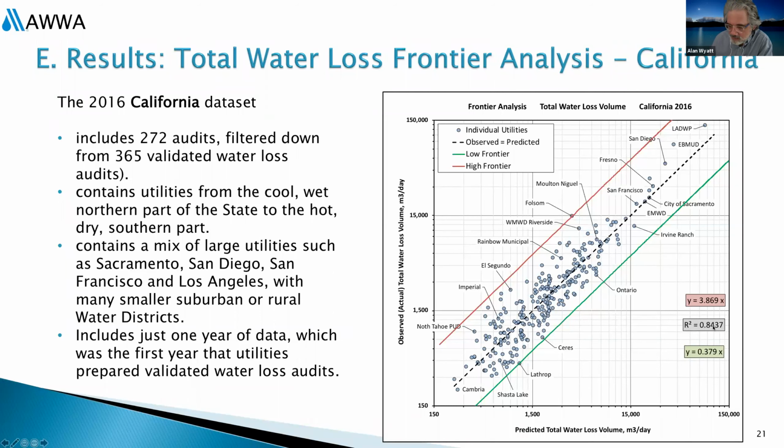In this case, the R-squared is 0.84. We have a good fit. This is the graph you saw before. And the width of the band from low to high performers is reasonable. You'll see some others that are much broader in a minute.